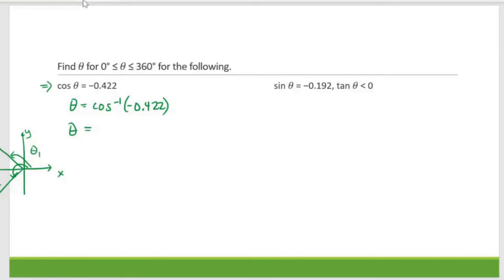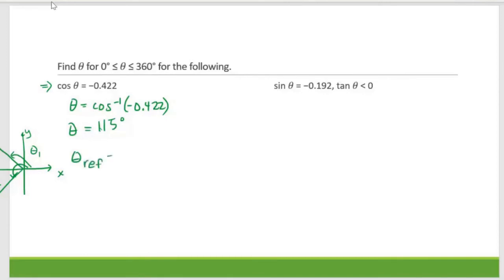We have to be careful in this case not to change the positive or negative sign that we're given. So inverse cosine of negative 0.422 is 115 degrees. If we had decided, no, I'm just going to find the reference angle, that would work as well.